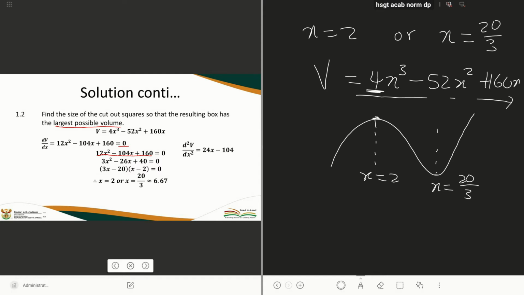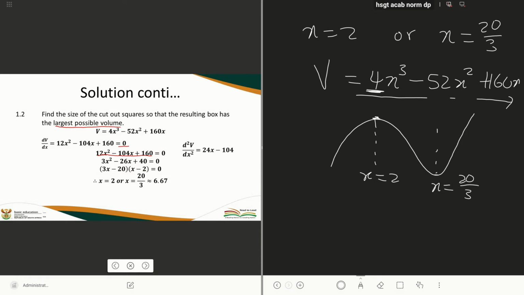So what we are going to do is take this expression and derive it twice to get the second derivative. The second derivative here will be 24x minus 104.